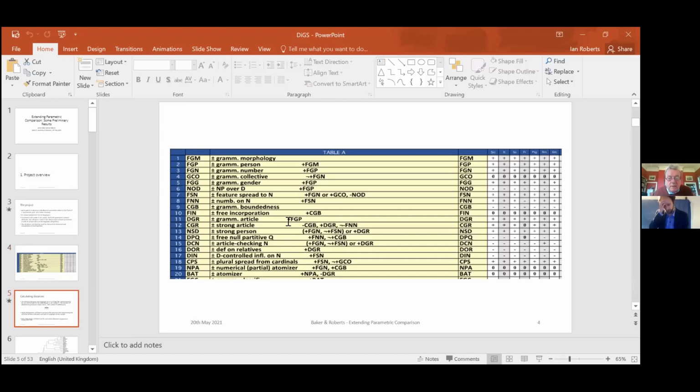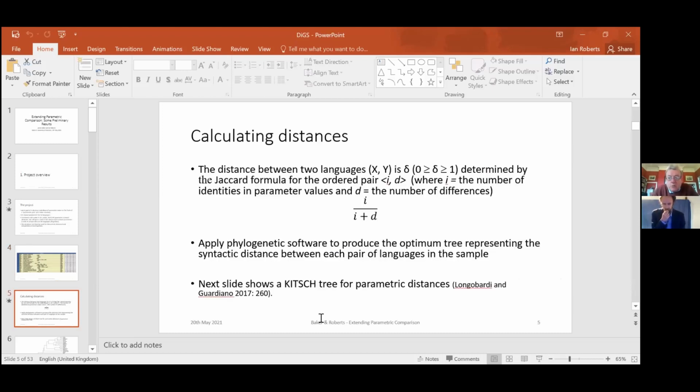This then leads to the possibility of calculating distances between grammatical systems. This can be done in terms of defining a quantity delta, which is determined by the equation I over I plus D, where I stands for the number of identities in parameter values and D stands for the number of differences.